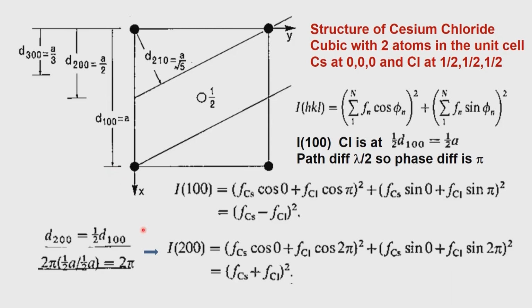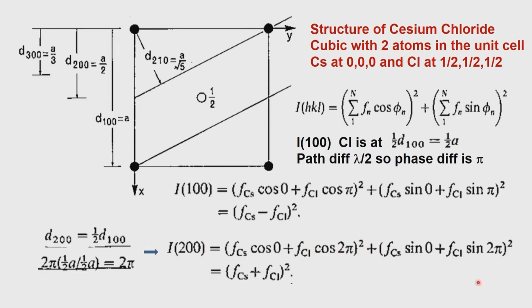So, for I200, we have the scattering factor of Cs cosine 0. For chlorine now it becomes cosine 2 pi, because now d200 is the first plane out after 000, and therefore it will now have a path difference of lambda. So, the phase difference is 2 pi. So, we get f of Cs cosine 0 plus f of Cl cosine 2 pi, squared.